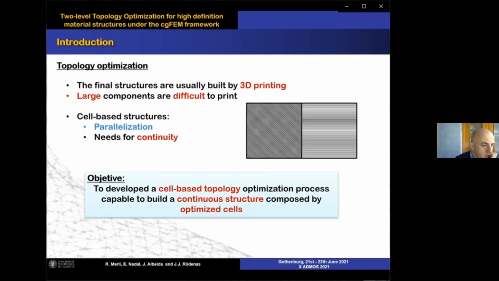But well, the good thing is that it's possible to make a parallel computation of the topology optimization of each one of the cells. So the objective of this work is to develop a cell-based topology optimization process able to build a continuous structure by splitting the full structure in cells.